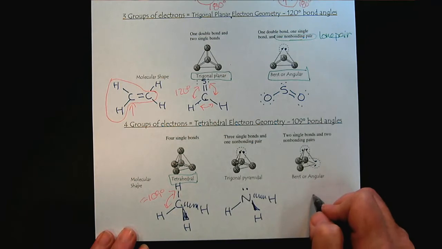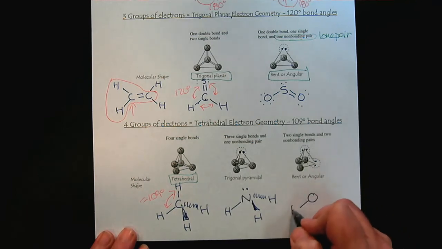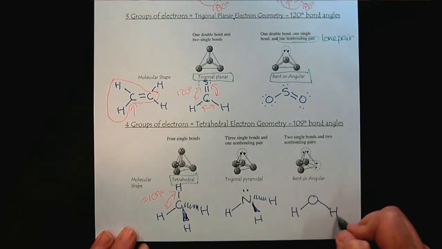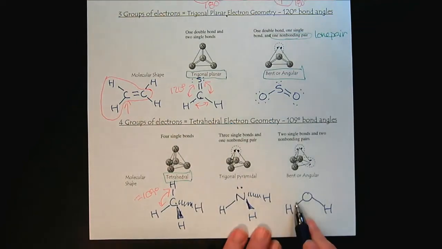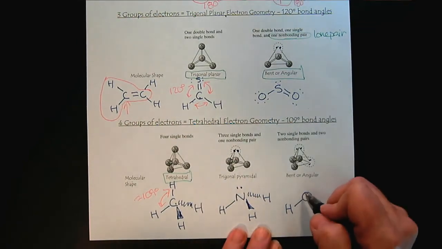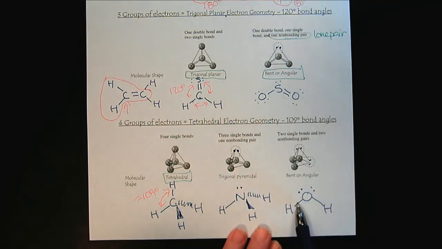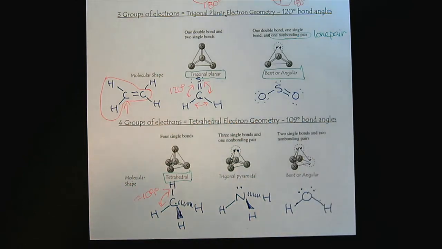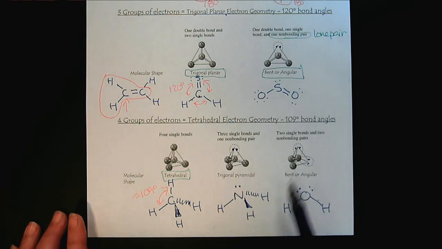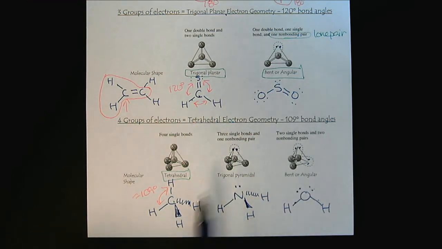And this is what we see with water. The oxygen in water has the 2 single bonds to the hydrogens and then the 2 lone pairs. So once again, 1, 2, 3, 4, 4 groups of electrons. Electrons find each other repulsive, so they're going to move as far apart as possible. And when there's 4 groups of electrons, the tetrahedral electron geometry is as far apart as they can get.